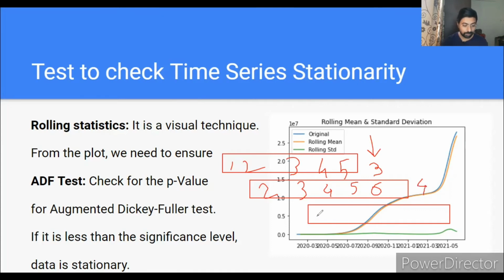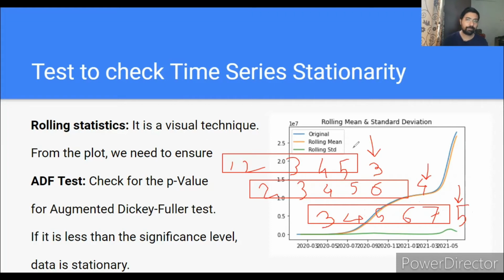Then 3, 4, 5, 6, 7, and that will be 5. This is how your rolling average or rolling mean is calculated.